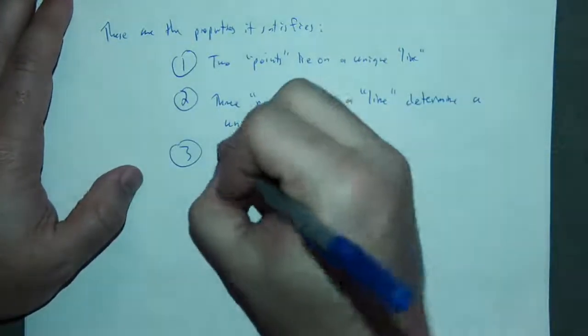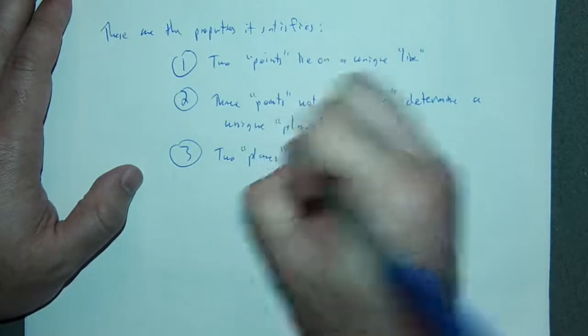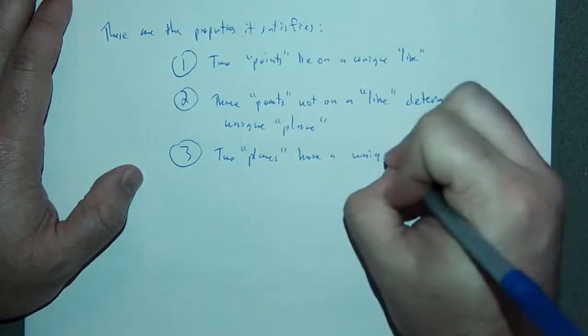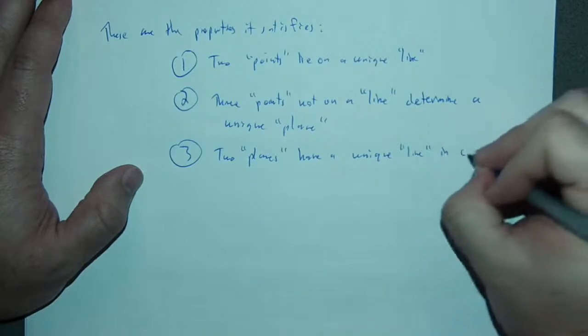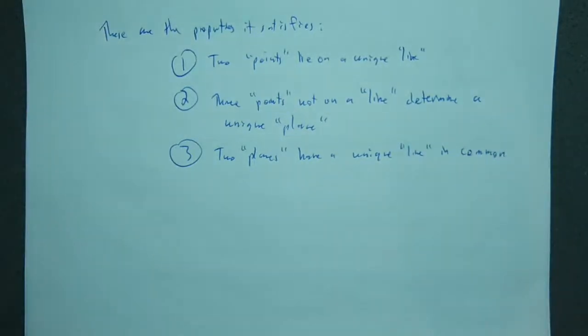Two planes have a unique line in common. Note how this is different from Euclidean space, where you can have parallel planes.